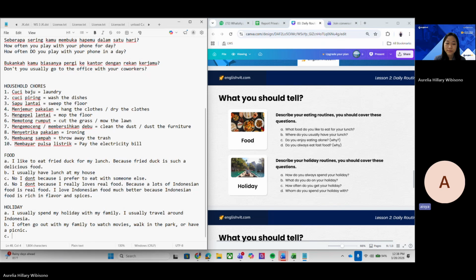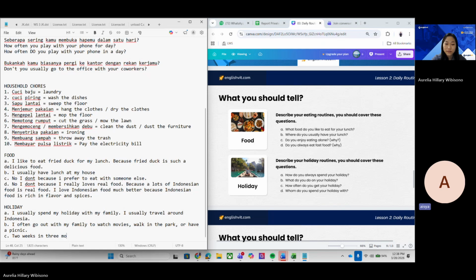I guess, how do I say setiap dua bulan? Once in 2 months? Two weeks in 3 months?